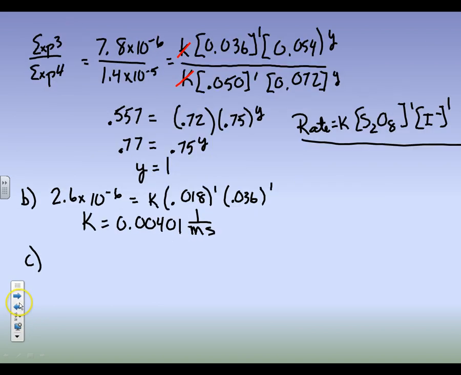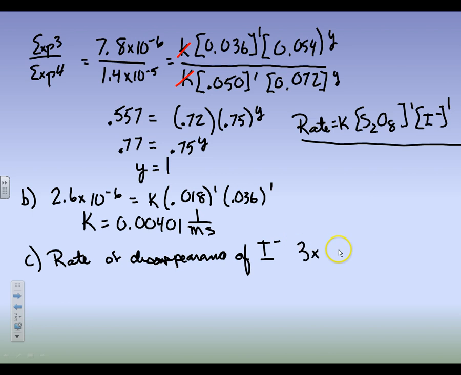It's easier than saying the peroxy, blah, blah, blah. So your answer is that the rate of disappearance of I is 3 times as fast, because it's a 3-to-1 relationship, stoichiometrically.